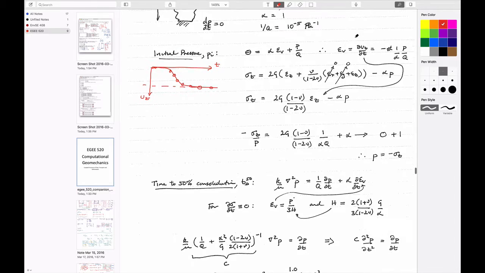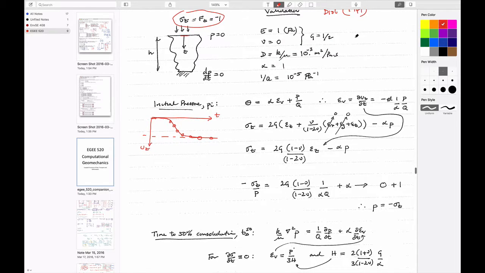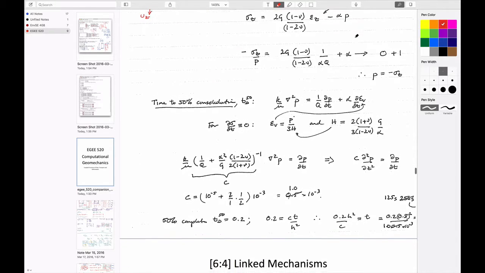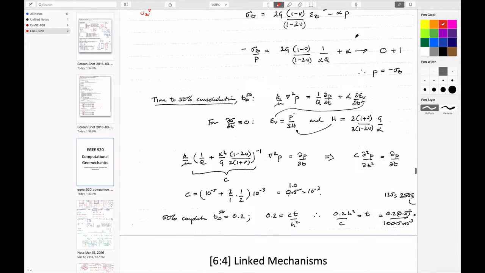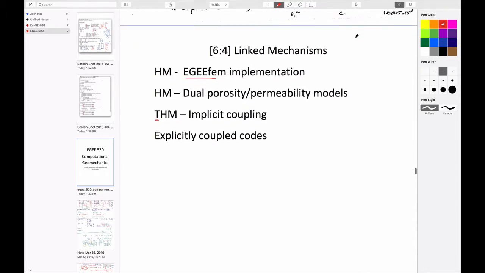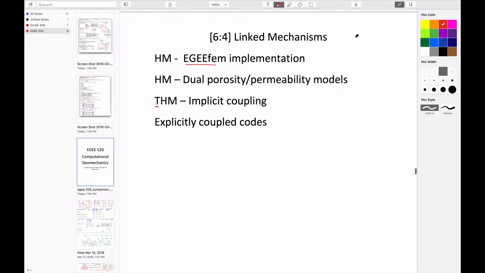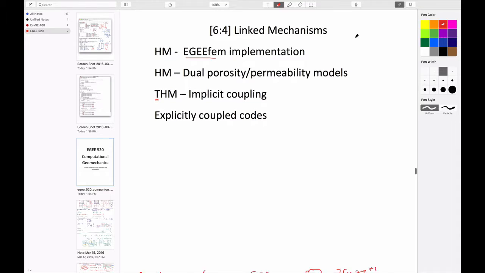Then this is just a solution for that particular loading of applying something on the surface, and you could follow the deformations that occur just by using the appropriate boundary conditions. That's it. So it's useful to be able to get a feel for what these are. We talked about verification and validation, and so you should be able to do that.